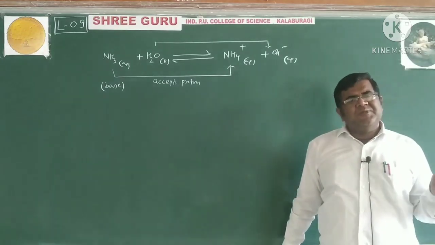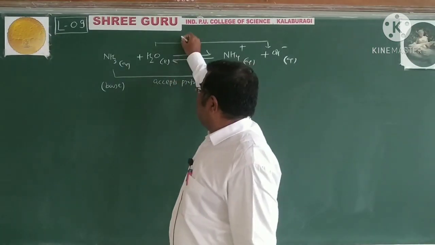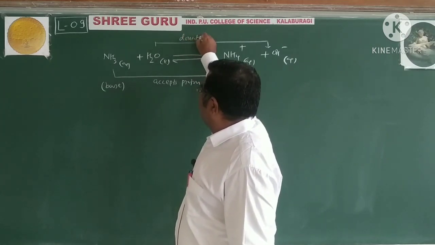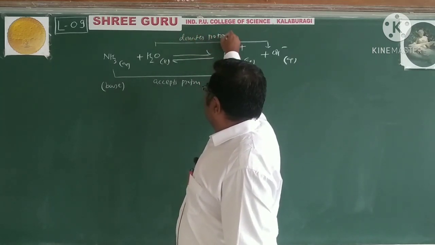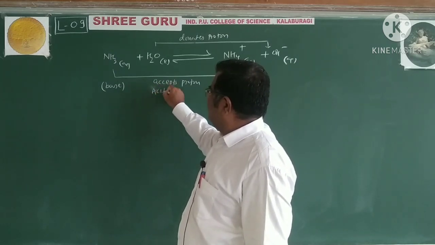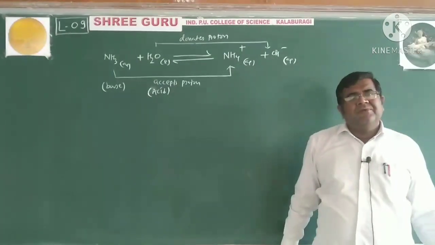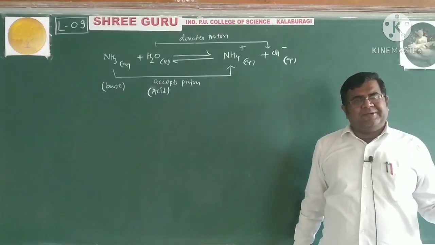And H2O and OH negative. What is the difference between H2O and OH negative? Only one H plus ion. So you can say it donates a proton, and that's why it is an acid. So there is an acid and base pair.